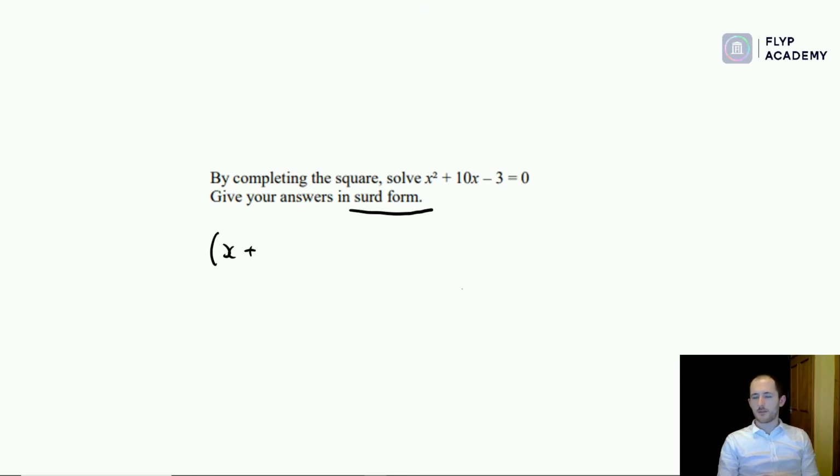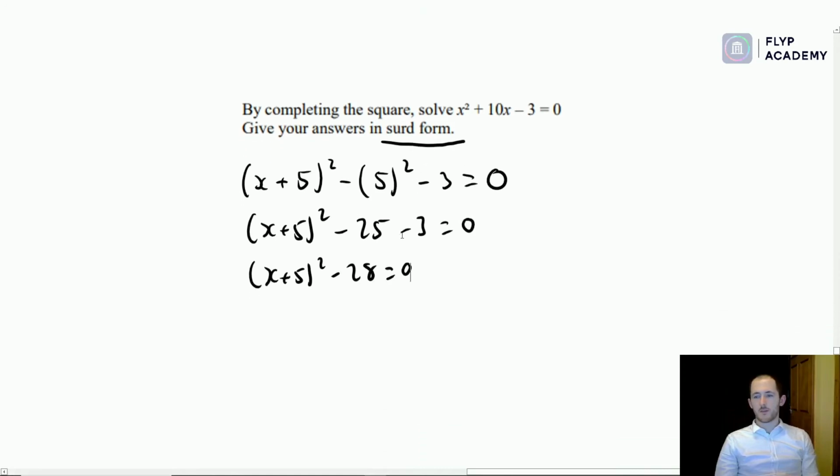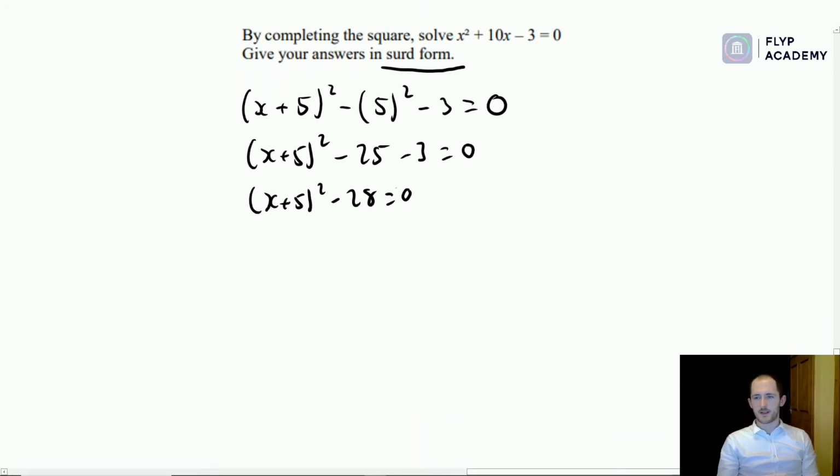We half the number in front of x, so x plus 5 squared minus 5 squared minus 3. So x plus 5 squared minus 25 minus 3, equals 0. Okay, so you can get to this stage, and now what we need to do is solve it. Well, all we need to do is move the 28 to the other side.